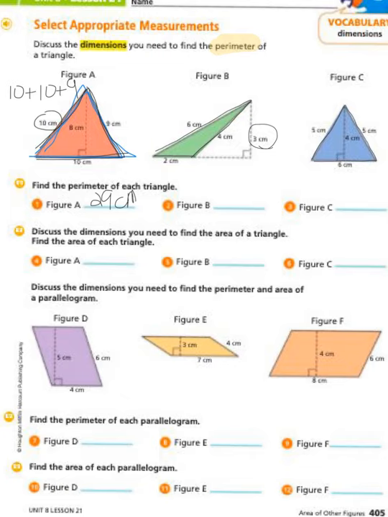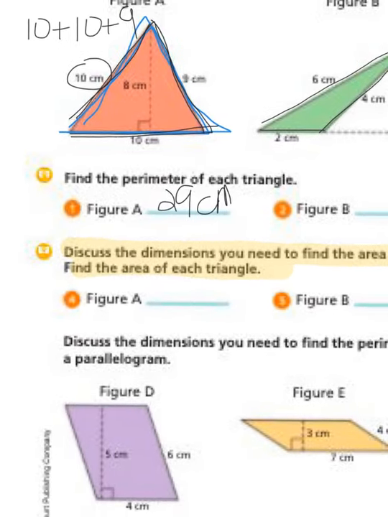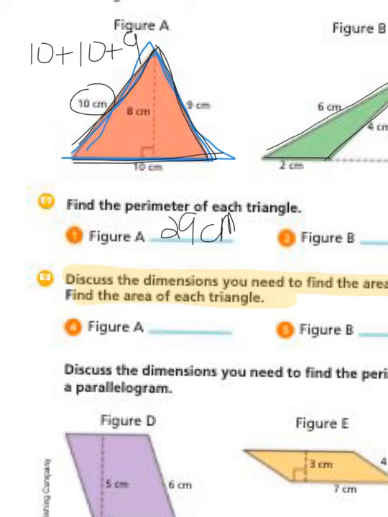Now the next part down here is we want to figure out the dimensions that you're going to need to find the area of a triangle. And it says find the area of each triangle. So for figure A, you need the base and you need the height. So for figure A, the base is 10. It's the side it's sitting on with that 90-degree angle. 10 times 8.